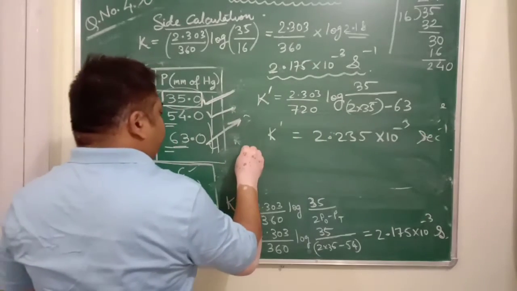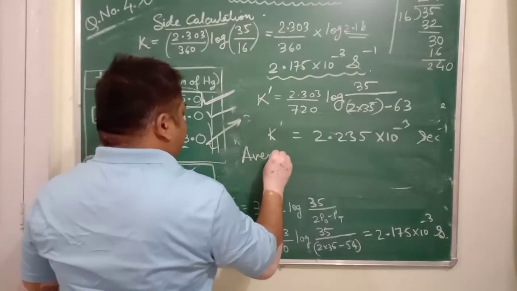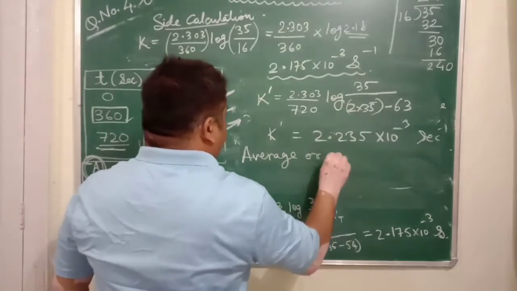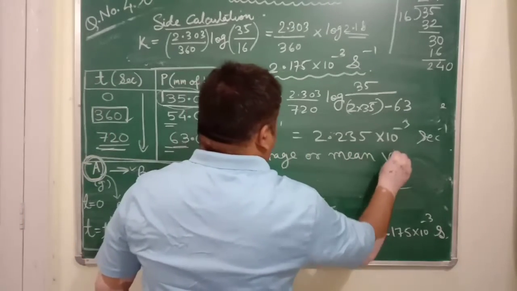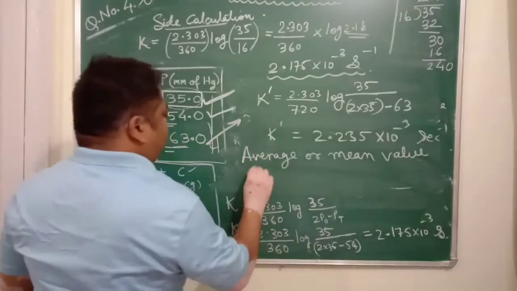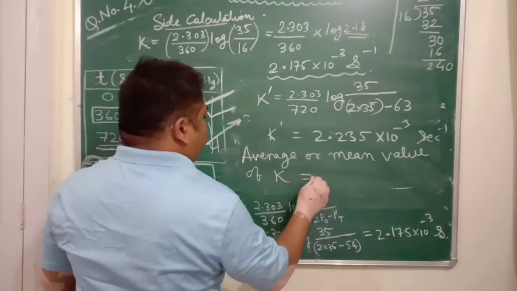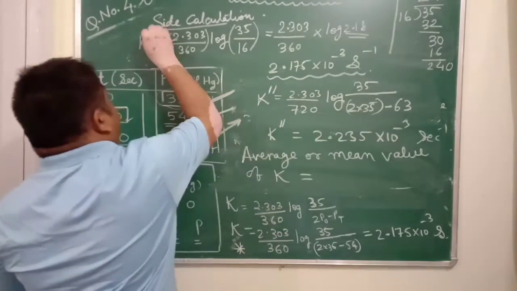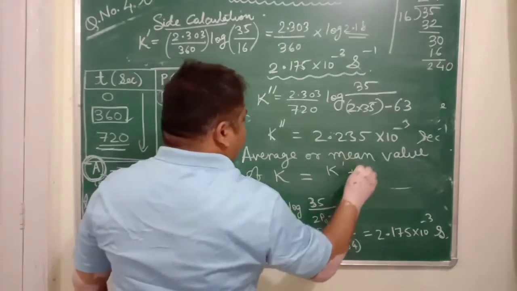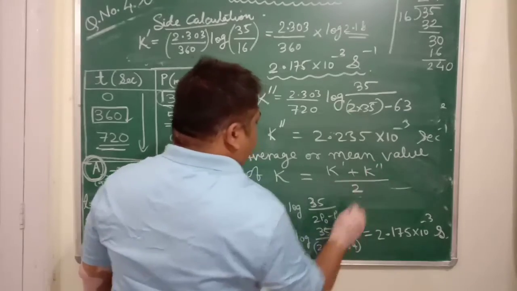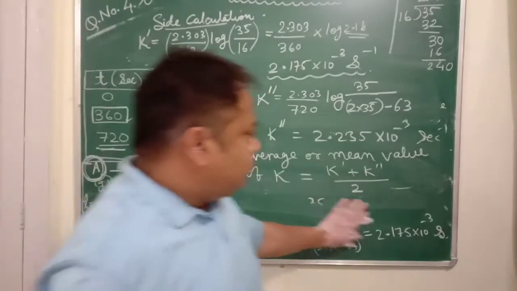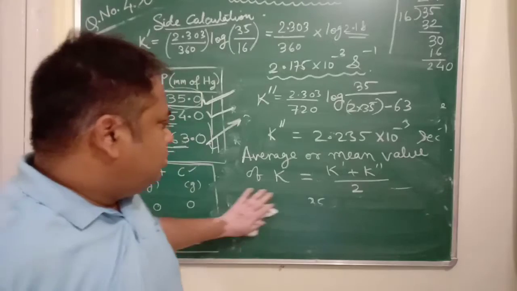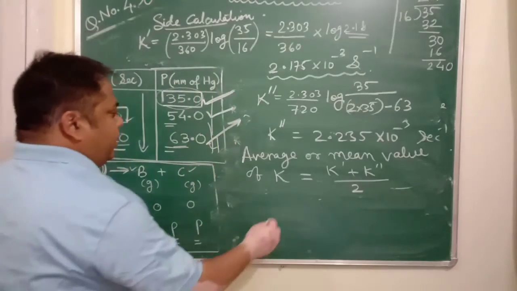So the average or mean value of k, say if it is k double dash and if it is k dash, will be k dash plus k double dash by 2. Then put the value and get the answer.